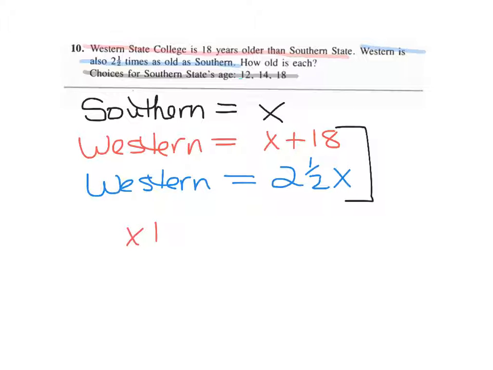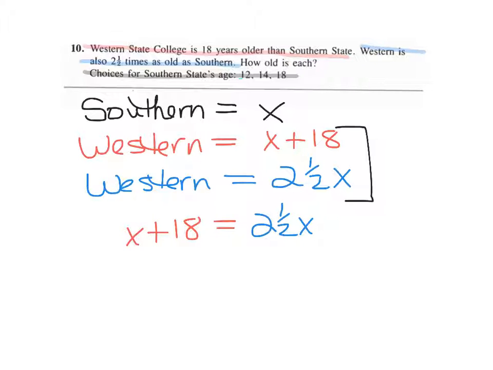So I have x plus 18 is equal to 2.5x. Now, at this point, when I start trying to replace my domain values, I can leave it like that. I can also make 2.5 a decimal, but I'm going to make my 2.5 an improper fraction, and it'll be a little bit easier because that denominator 2 will simplify.